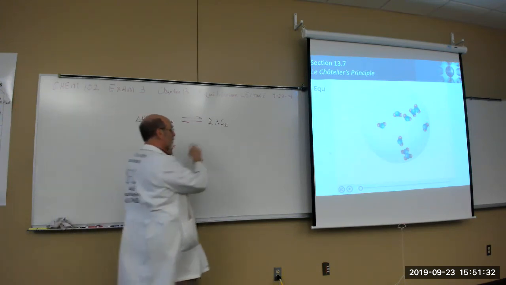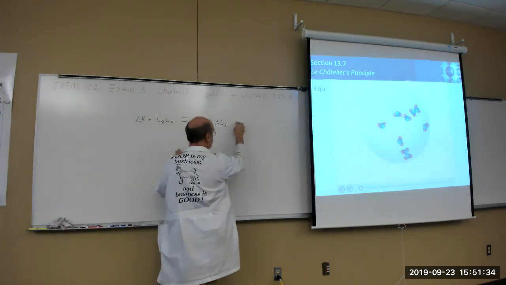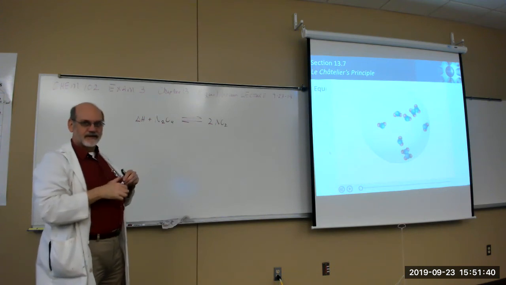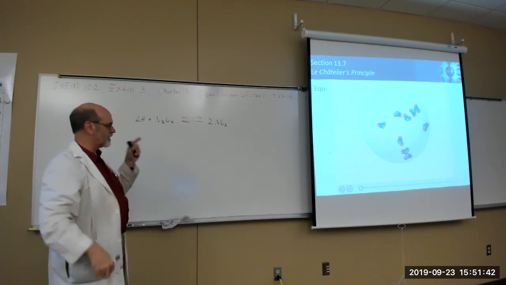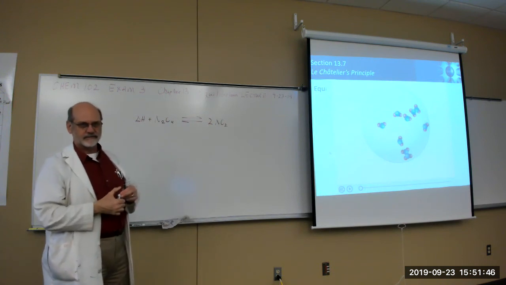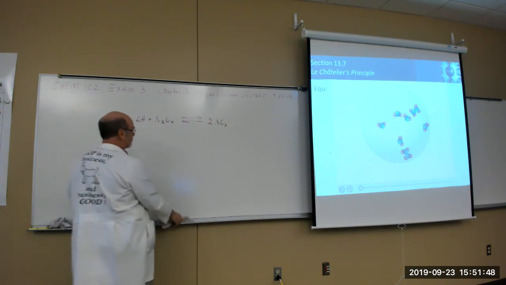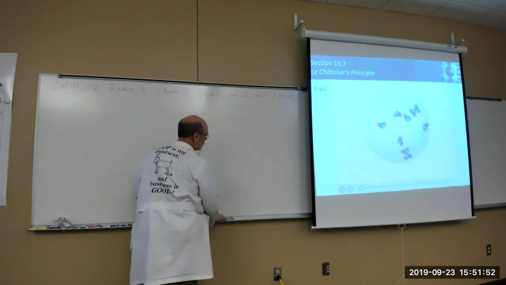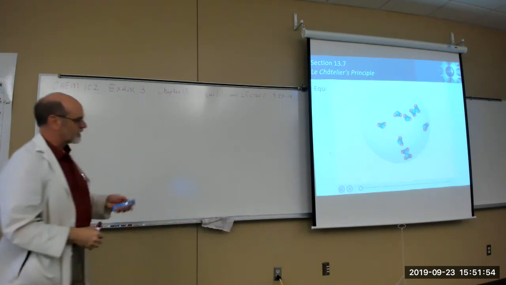Because if it were exothermic and we had heat added this way, it would go back the other direction. So we can tell from that experiment that this is an endothermic reaction, qualitatively. We can't tell how much, but we know that it is endothermic. I think that's the last slide. Yep.